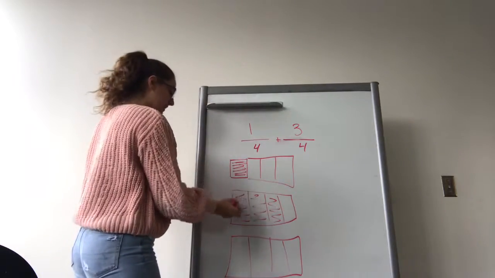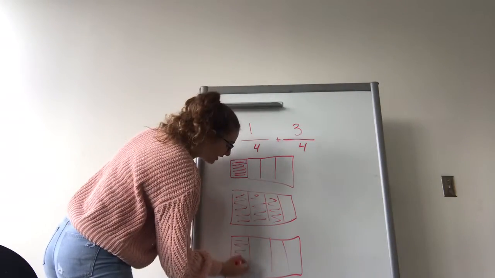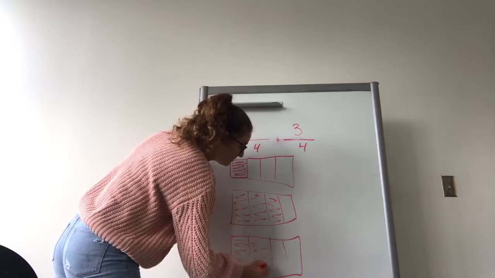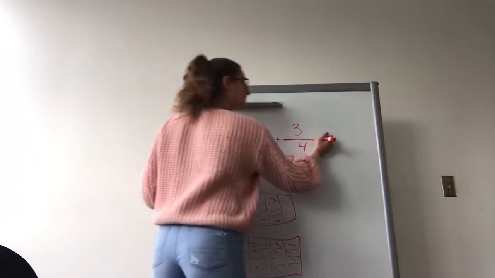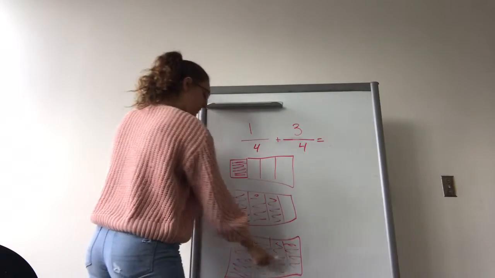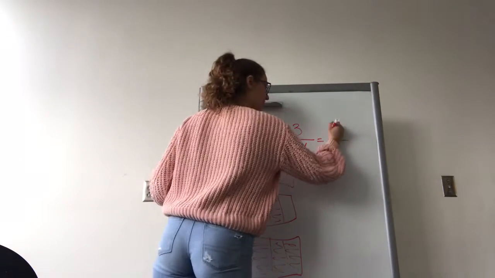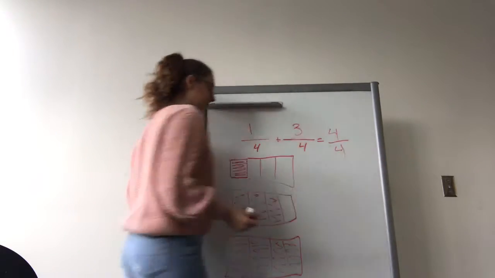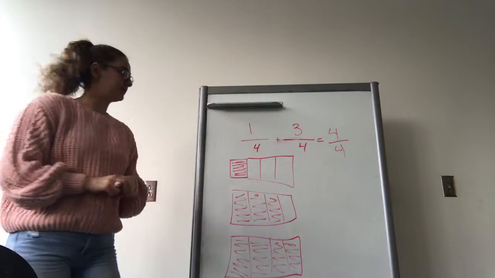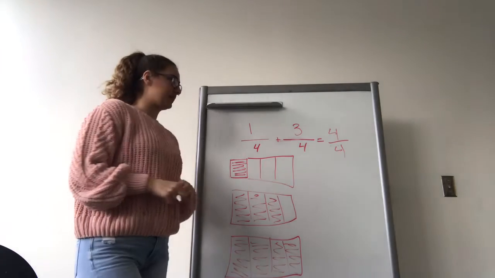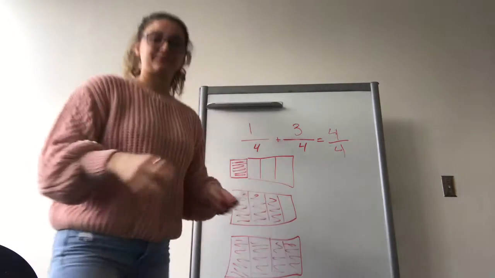So you carry this down, so you're going to have 1 already filled in, and then 3 more. So this fraction actually turns out to be 1, 2, 3, 4 fourths. So using a diagram like this might help you visualize it easier than if you were just trying to think about it.